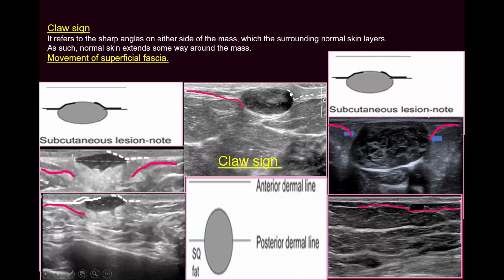Like here, when it arises from the skin, part of the skin comes and surrounds the lesion with an acute angle. This acute angle is the claw sign.